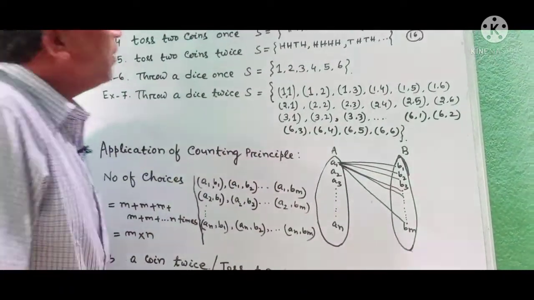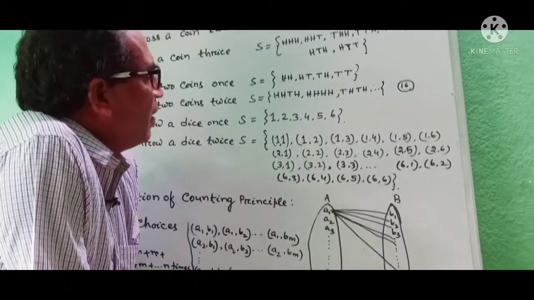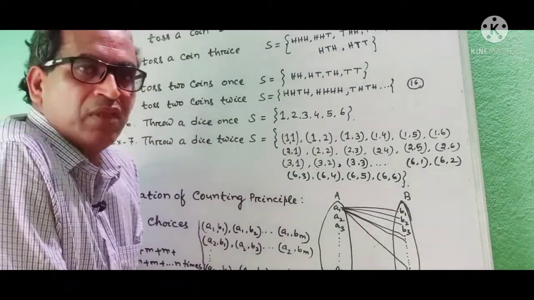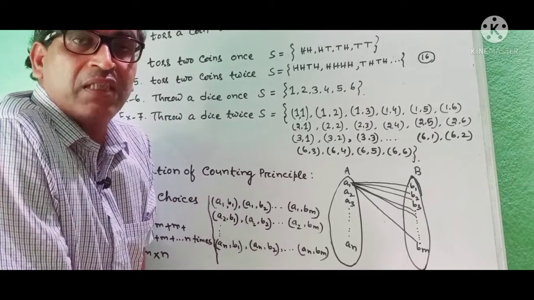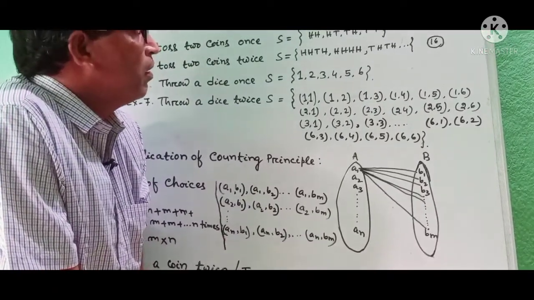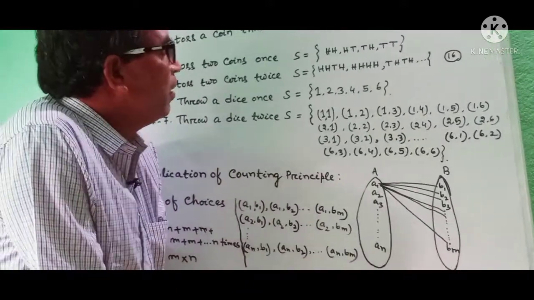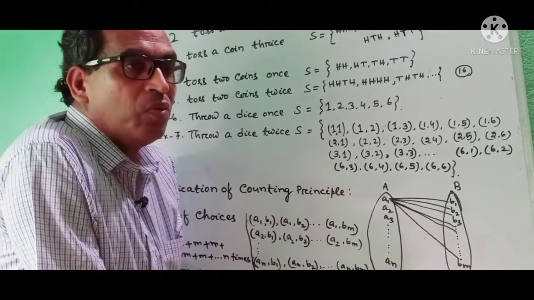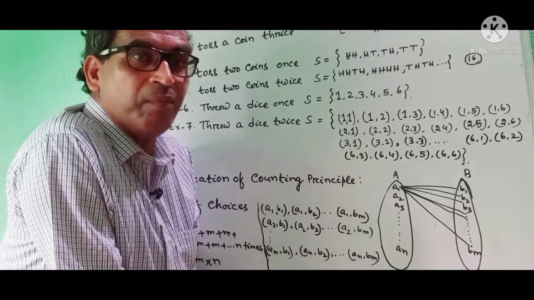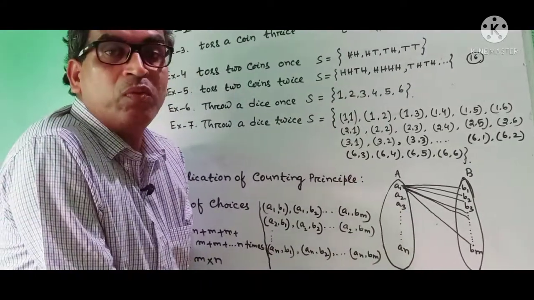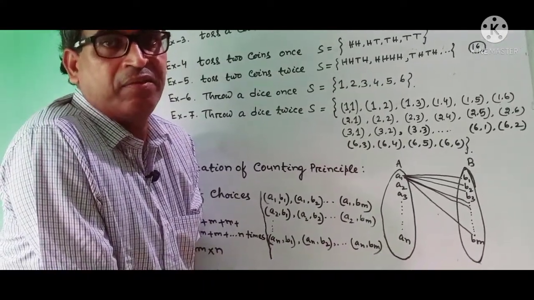A very important thing is that you can understand what the sample space will be, what the maximum outcomes will be, by your intellectual level. If you do not know at your intellectual level, you will have to do the practical.